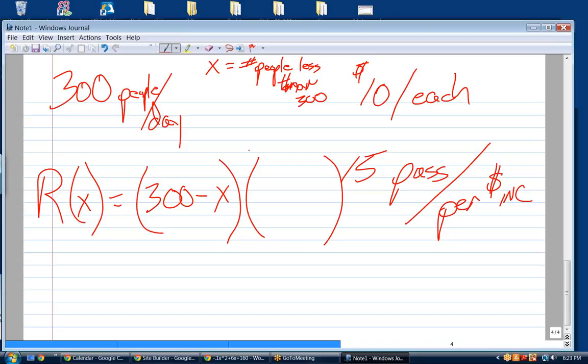Let's see what happens if we try that. There may be a better way to write that, but number of groups of 15 less than 300. In other words, if x were 1, we would be taking 285 people.